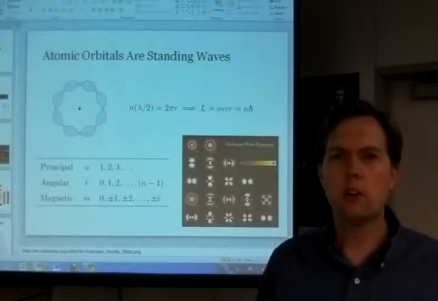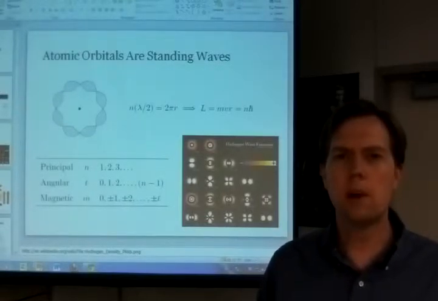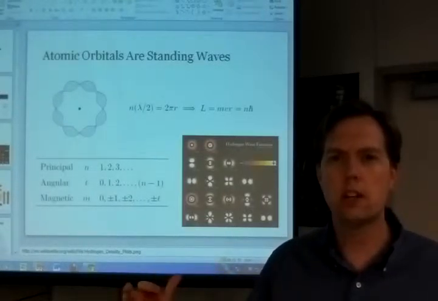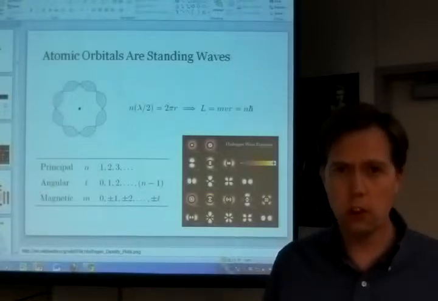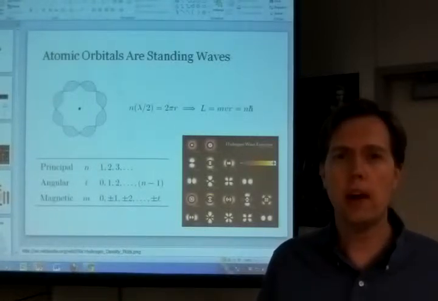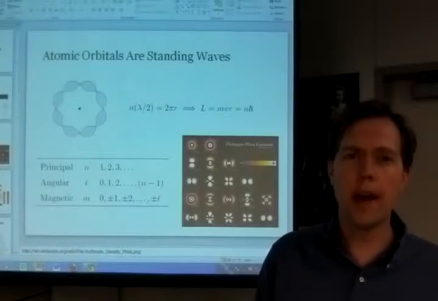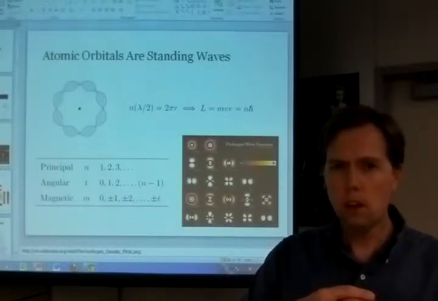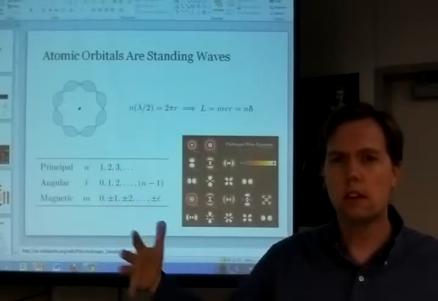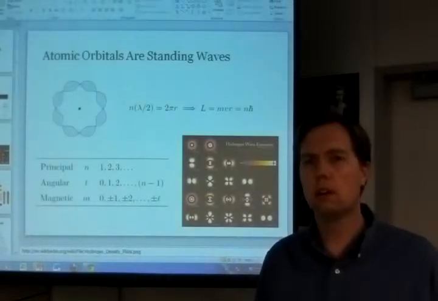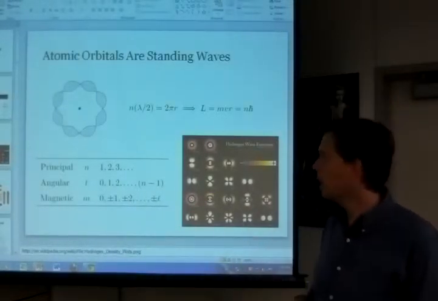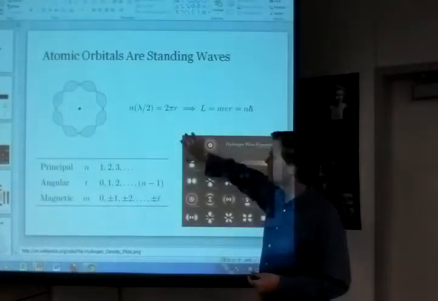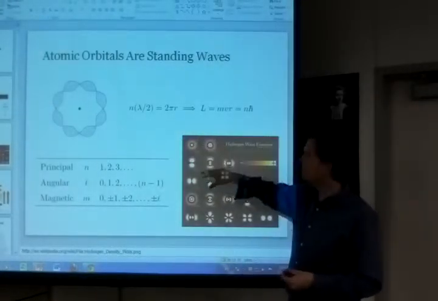The N value, the principal quantum number, tells us about the size. How large is that pattern? The larger the N, the larger the pattern. It's really a throwback to the Bohr model where the radius is connected to this N value. The same thing happens here, that the effective radius of these patterns increases.